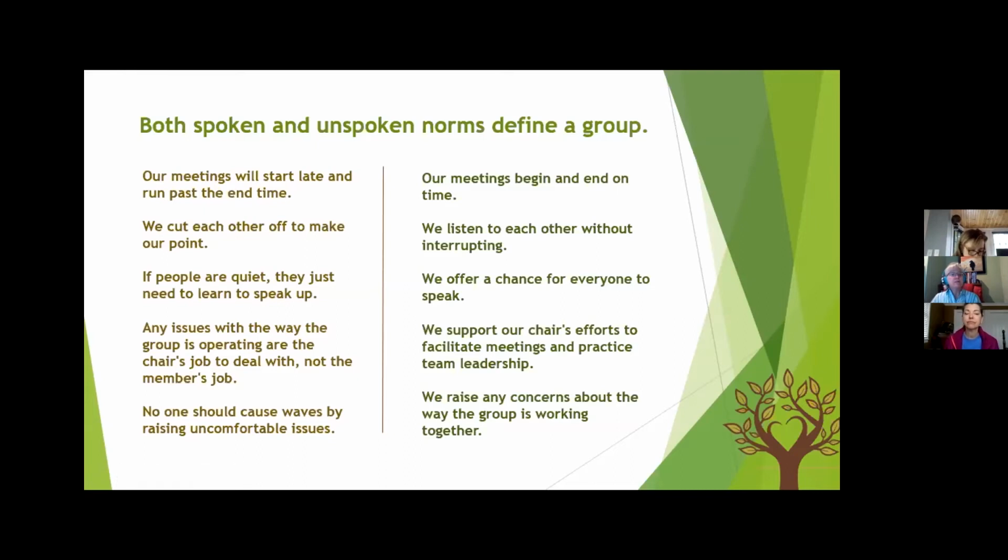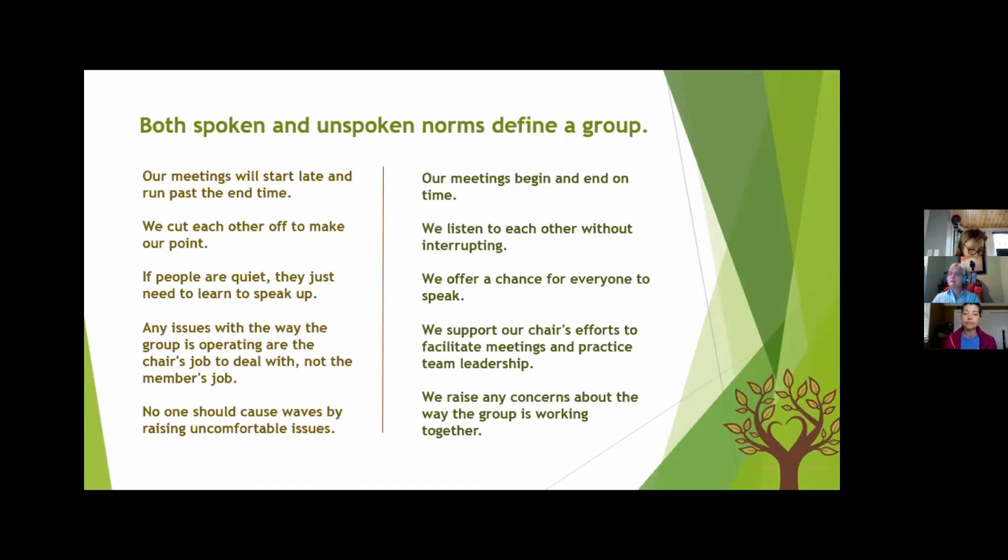We'll offer a chance for everyone to speak, which is part of not interrupting people, of course. But taking airtime and giving airtime are part of what needs to happen. We'll talk about how to do that. We will support our chair's efforts to facilitate meetings and practice team leadership. So we look at the way our group works together as a team effort and not as the responsibility of one person who's trying to chair the meeting.